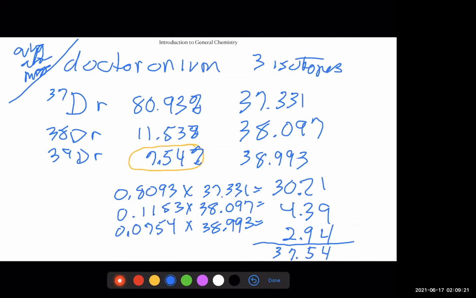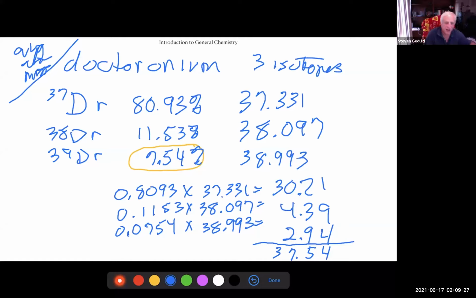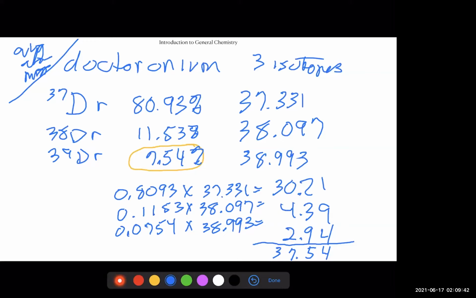I'm just wondering why we multiplied the fractions to the mass of the isotope. It's a fractional value of it. It's a percentage, but if you take all the fractional values, it equals 1, and you have 1 unit. So a fraction, that's like if you had 10% of something, it's 0.1.